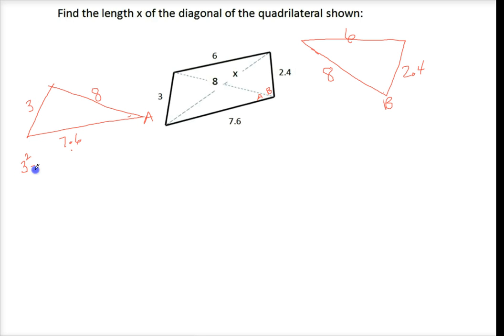So I have 3 squared equals the other two sides squared and added together, so 8 squared plus 7.6 squared, minus 2 times those two sides, 7.6 and 8, times the cosine of my angle, angle A. From here we need to do some simplifying, so let's do all of our squared items. 3 squared is 9, 8 squared is 64, 7.6 squared is 57.76. And 2 times 7.6 times 8 is 121.6.